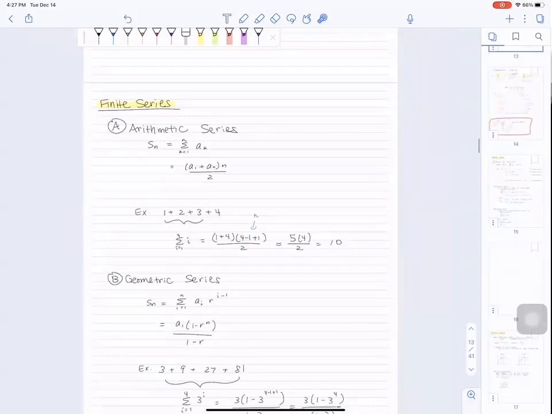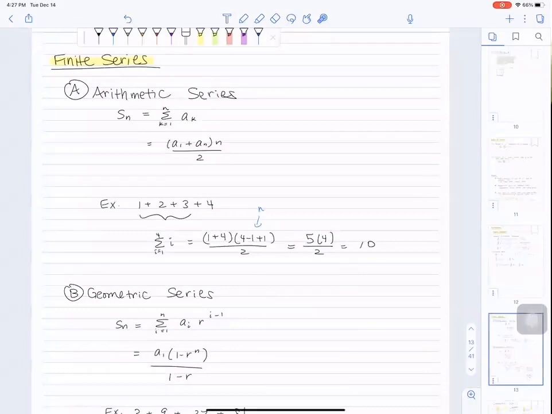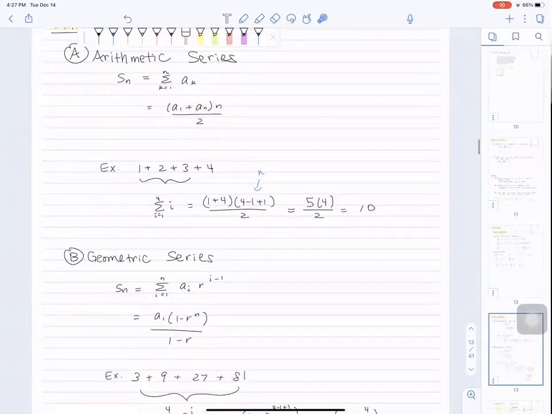Now for finite sequences, we've learned 2 common ones, which are the arithmetic and the geometric. For the arithmetic series, the sum is always your first term plus your last term, times how many terms you have, over 2. This is always the formula. And for the geometric series, it's also always this formula.